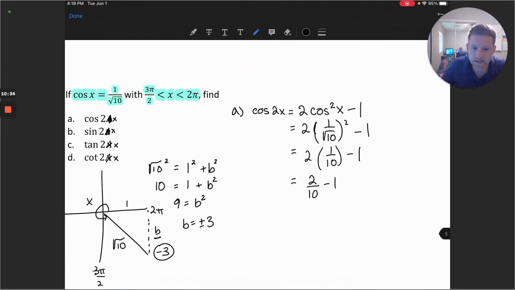This looks like it'll be a negative number, which is negative 8 over 10, or we could represent that as negative 4 over 5. So we have that complete. Negative 4 over 5.